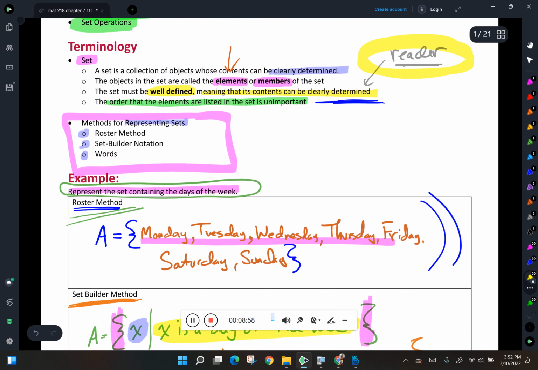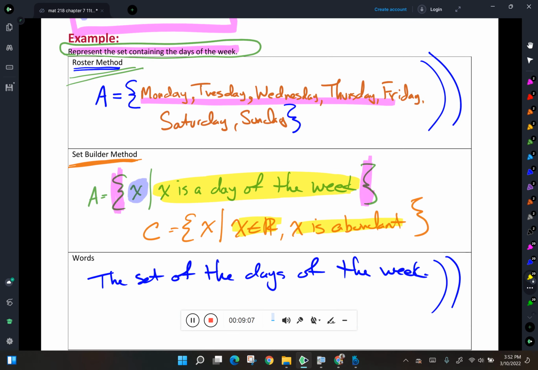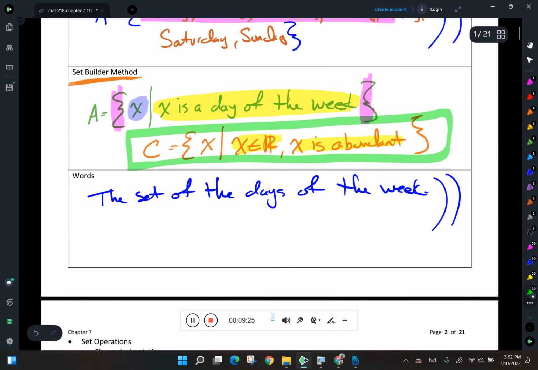Who's the reader? Who's the person who's reading this, and would they be expected to understand that notation? Now, there are math classes out there for which this would be an expectation, and you should be able to read that and understand it. This is not one of those math classes. Okay? So, well-defined is a slippery definition, because I don't know what well-defined is, but I know when something isn't well-defined, that's for certain.